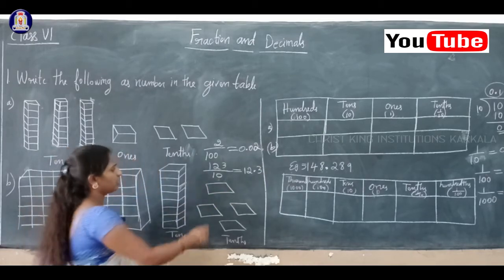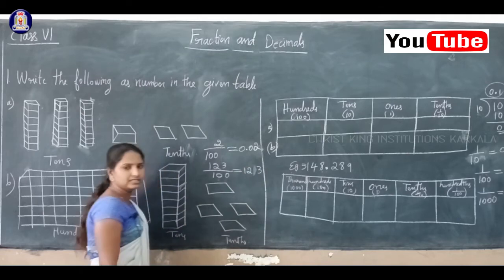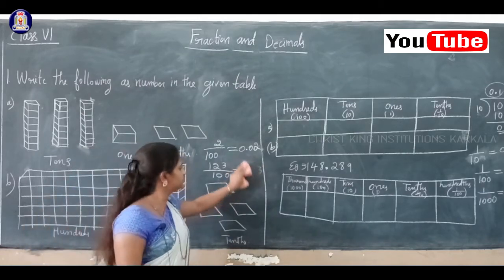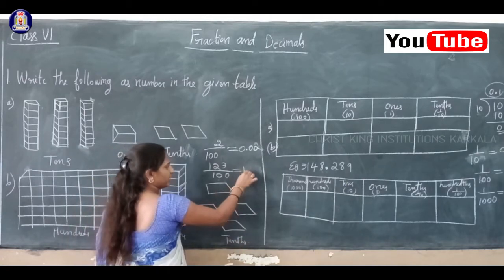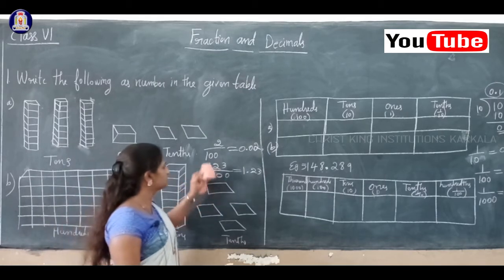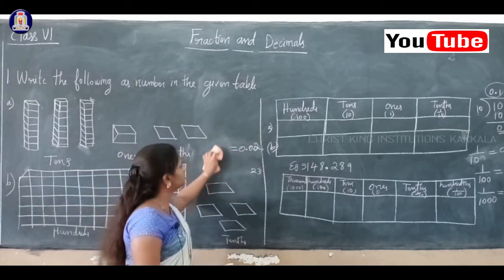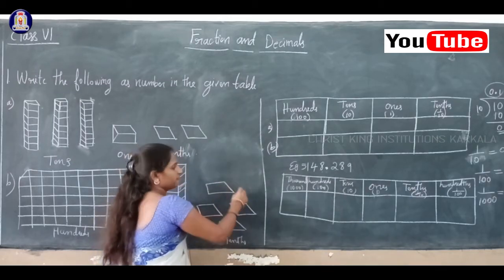Suppose I give 123 by 100, then after the decimal point we must get 2 digits, so it can be written as 1.23. Clear? So this is writing a fraction as a decimal. Okay.